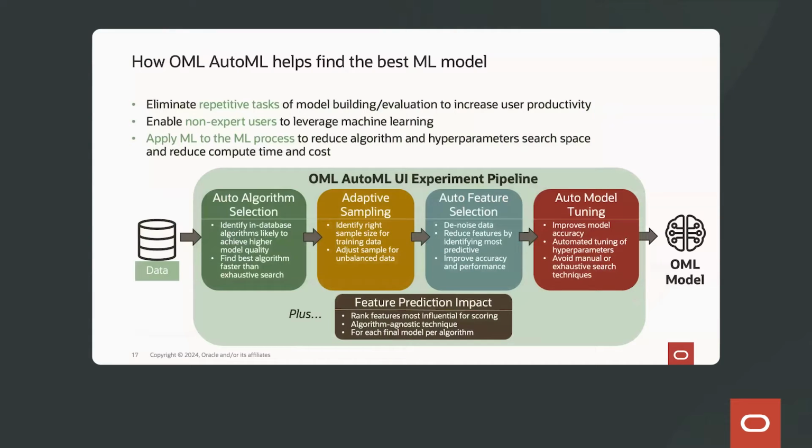So what AutoML or automated machine learning does is actually eliminate that repetitive task, right? All of those processes of building and evaluating every different algorithm, right? It's going to use something called the auto algorithm selection. So it's going to look into all of these algorithms, and then it's going to go and say, okay, out of all of these algorithms, which ones are the ones that actually best work for your problem, for your data? Next step is going to go and do an adaptive sampling.